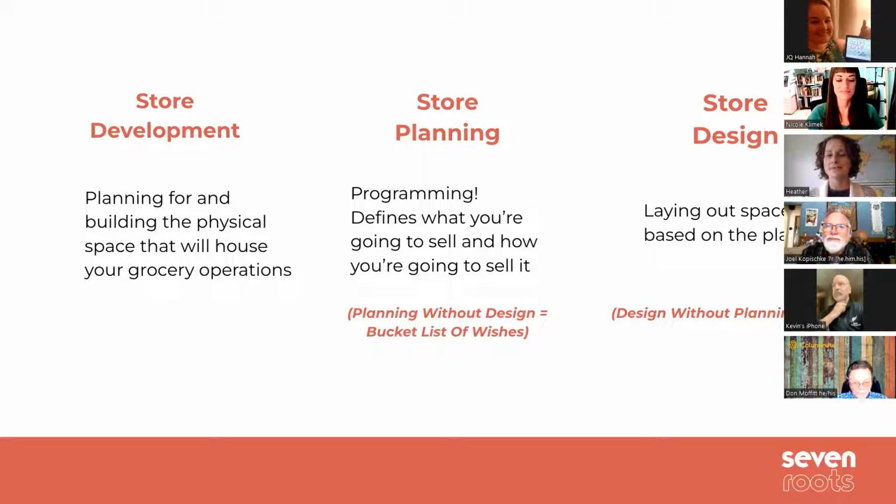Programming defines what you're going to sell and how you're going to sell it. You may say, we're going to sell sandwiches wrapped in a grab-and-go cooler, and that's how people will get them. Or you may say, we're going to sell sandwiches hot off a panini press. That is programming, defining those pieces.